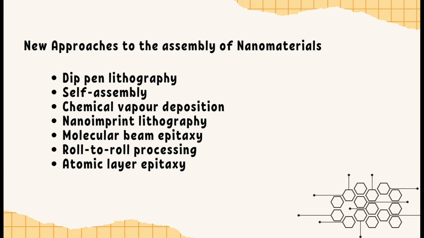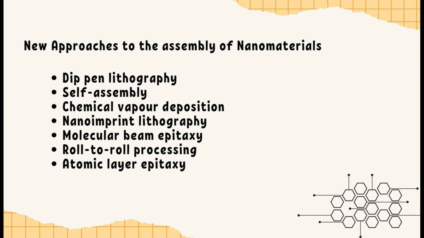Next is the roll-to-roll processing. Roll-to-roll processing sa nanomaterials is a method of continuous manufacturing kung saan ang material ay nilalabas sa isang roll or coil at dumadaan sa iba't ibang stages of production while continuously progressing from one coil to another.